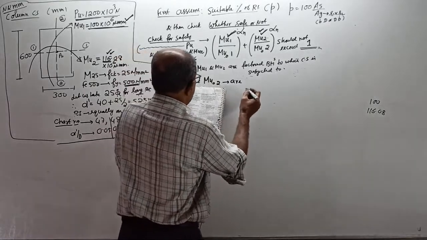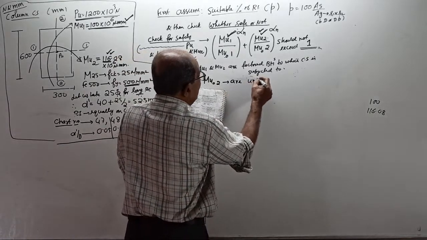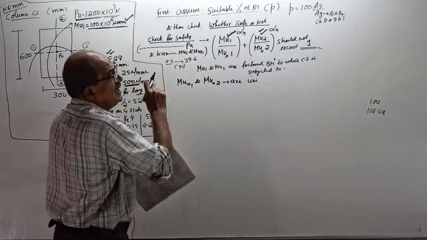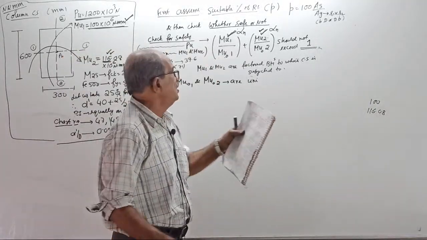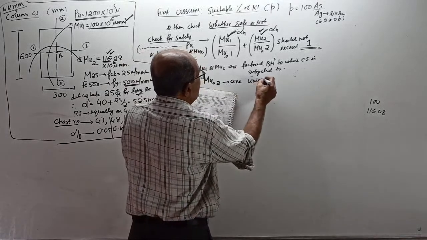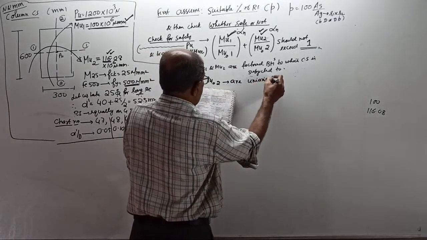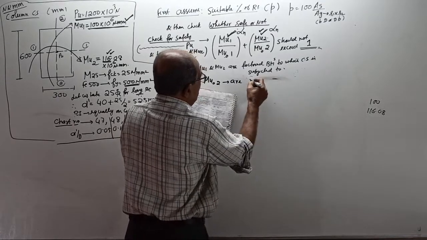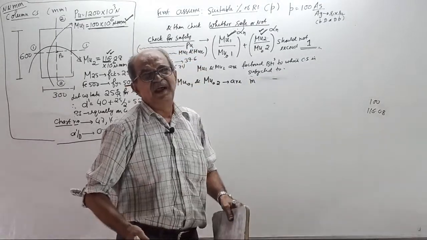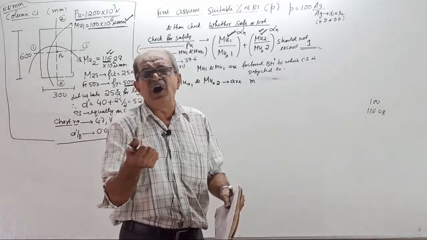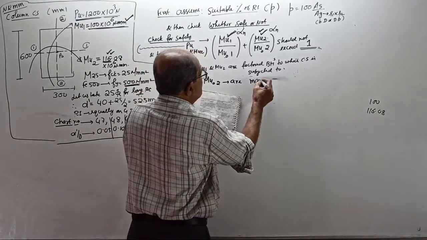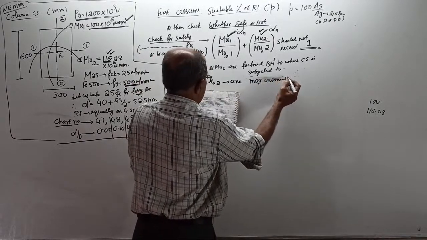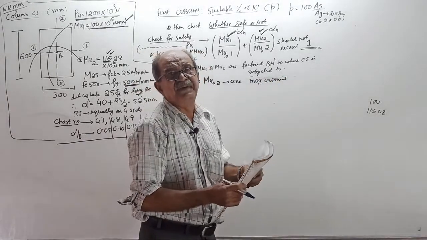Uniaxial, that is independently, once for axis 1, once for axis 2. Uniaxial, maximum. That is the maximum moment you have got. Uniaxial, they told moment capacity.